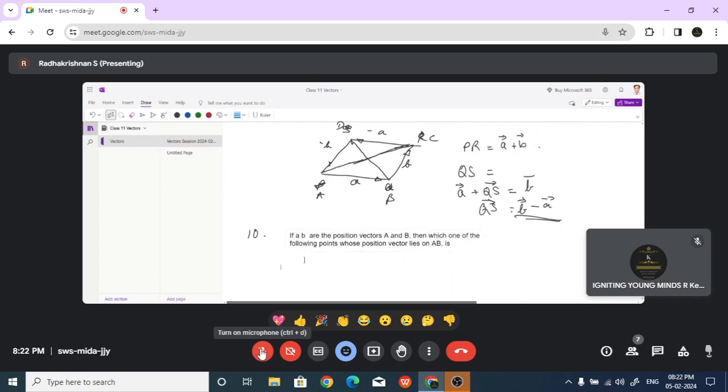So what are the four options? Here you need the options, right? A plus B. A minus B by 2.